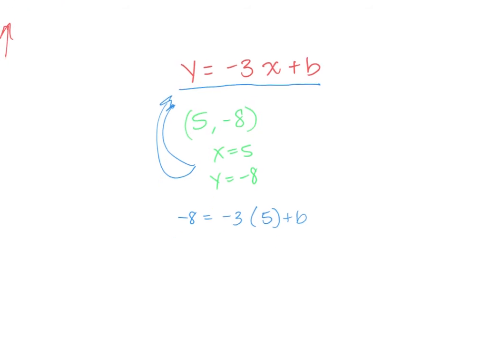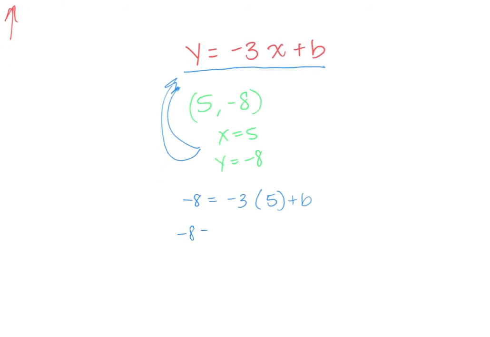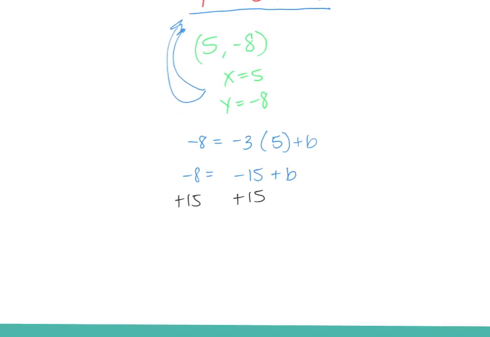So -8 equals, what's -3 times 5? -15 plus b. How do we get b by itself? Plus 15 to both sides. What are we going to get on the left side? 7 equals b.